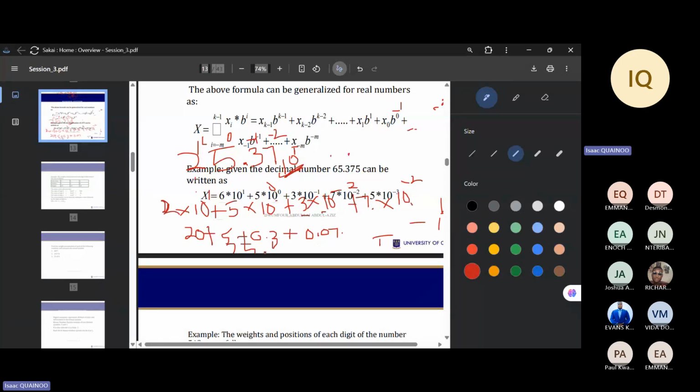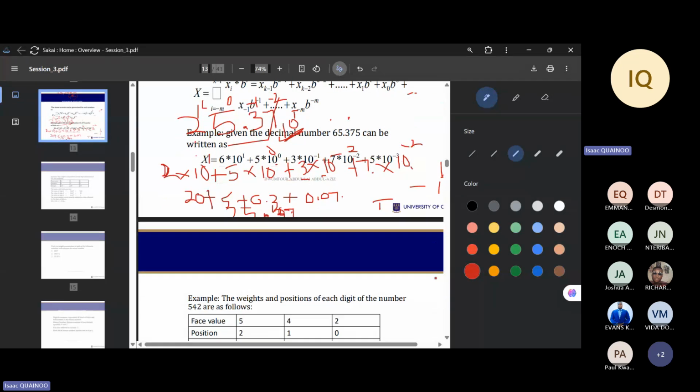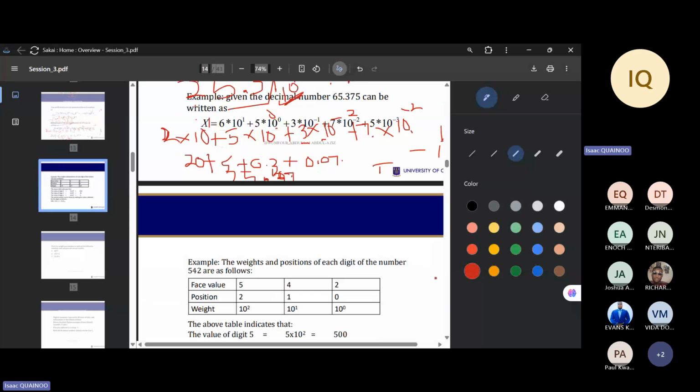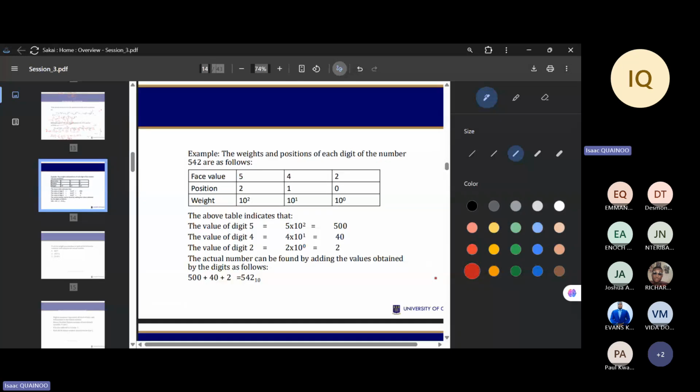And then 0.3 plus 0.07 becomes 0.37. So we have 25.37 as your final answer, which returns us back to the same number, since you are converting a decimal to decimal. Okay, so we have an example here.